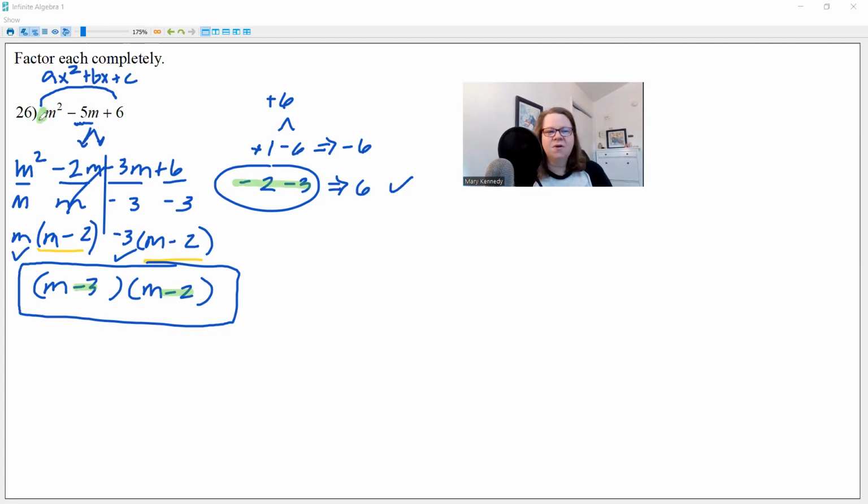If there's nothing in front of whatever is squared at the beginning, then whatever you find here that works is actually going to be what your factors look like. So that's kind of nice. It sort of eliminates this entire section right here. It doesn't work though if you've got a 2 in front, or a negative 1, or a 3, or anything else, right? So you've got to have just nothing in front of that x squared term, or in this case, m squared, for this to work. But when you do, it's a great thing to notice.